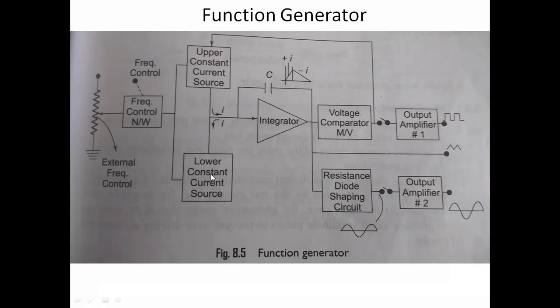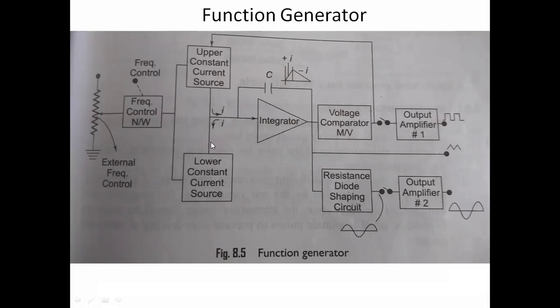When the lower constant current source is connected to the integrator, it produces the reverse current. By the connection of the reverse current, the charged potential across the capacitance will be discharged, and that's why the current will be in the reverse direction.